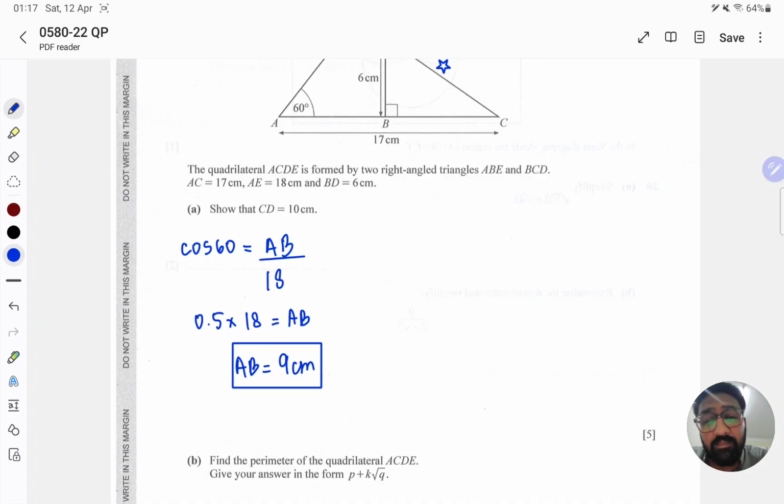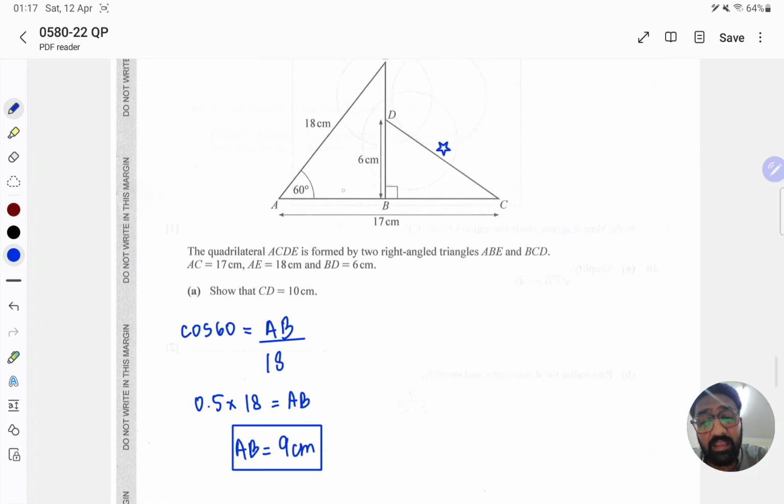So why did we find this AB first? If this is 9, the remaining portion out of the 17 is going to be BC. So BC length is going to be 17 minus 9, which is 8. Now it's very easy for us. The right hand side triangle is a right angle triangle, so we can apply Pythagoras theorem over here.